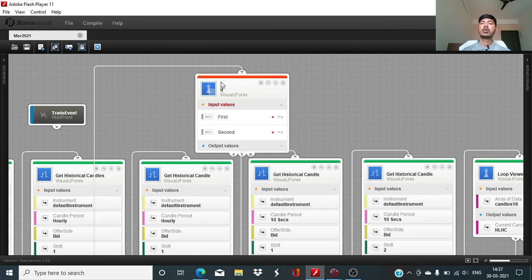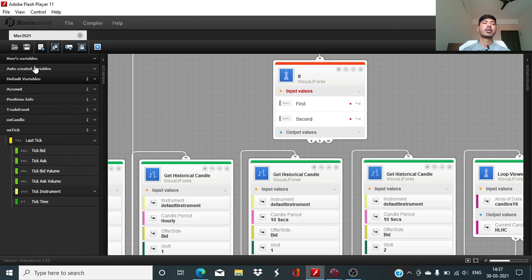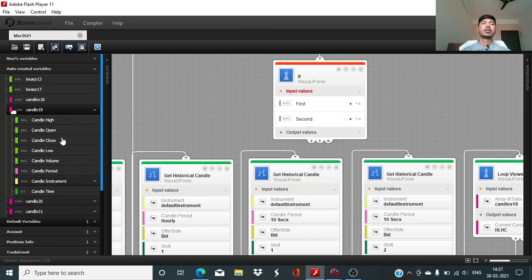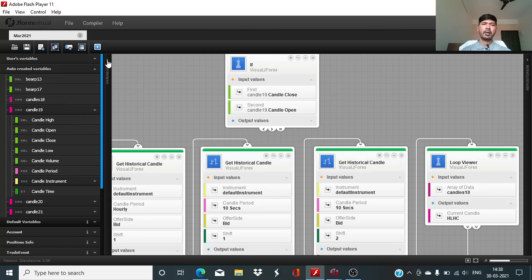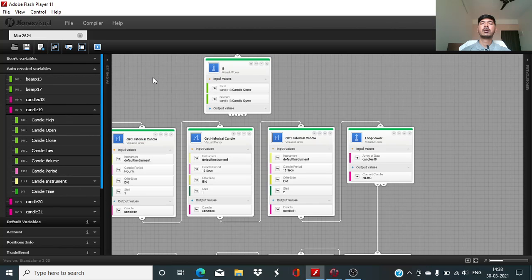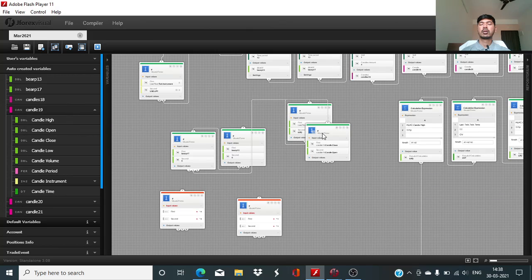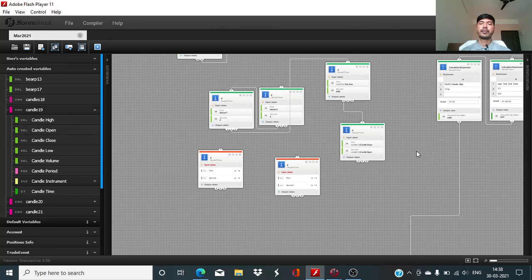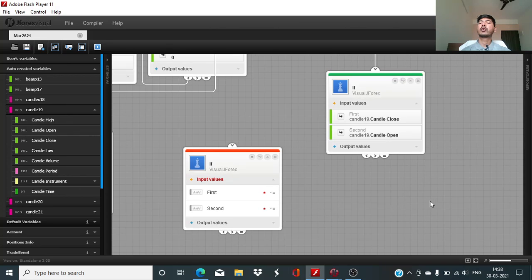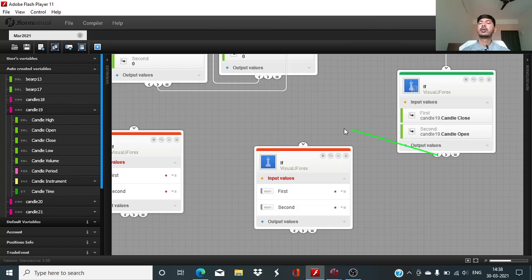So candle 19's close should be below its candle open. First input less than second input.